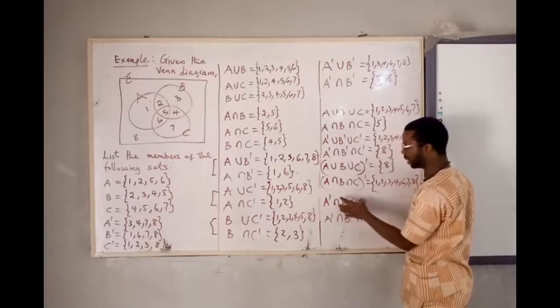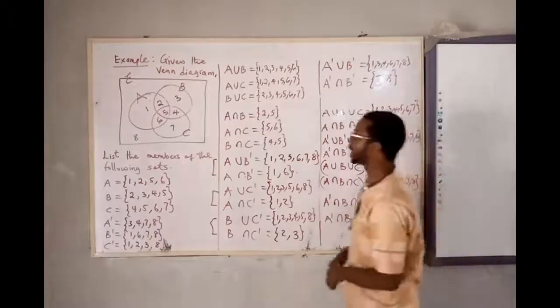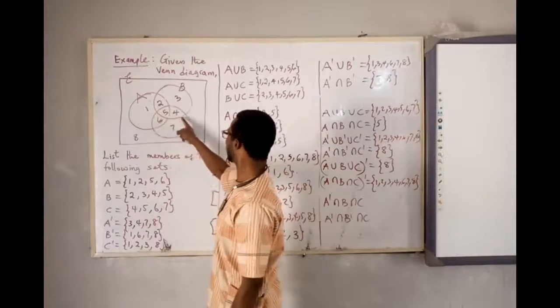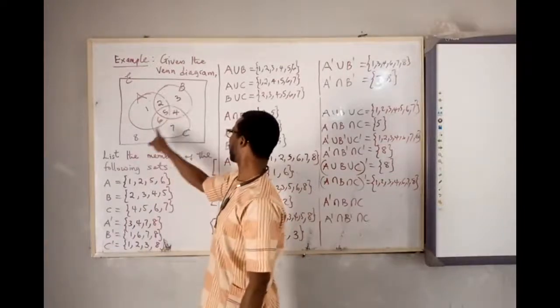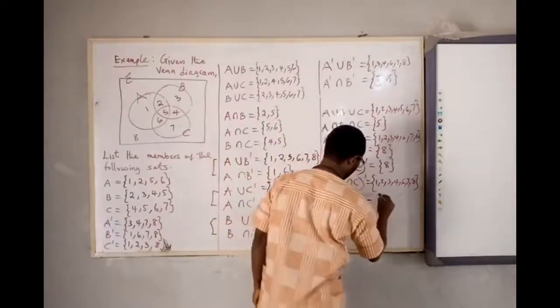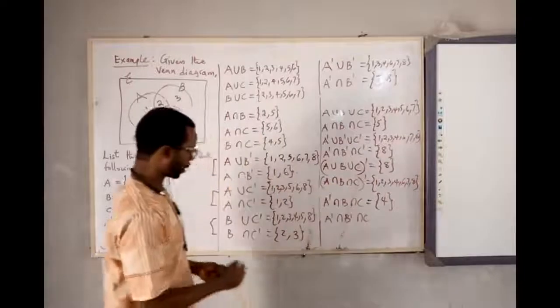I'm going to consider only B and C and remove what belongs to A from it. So where is B and C? This is B and C. In that B and C, something belongs to A. So I'm going to remove it. So when I do, I will have 4. I hope that is clear.